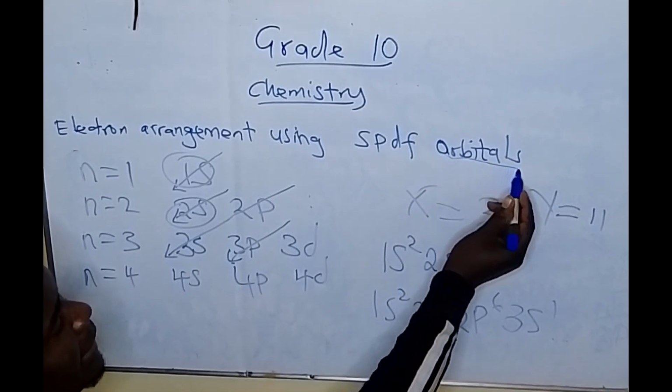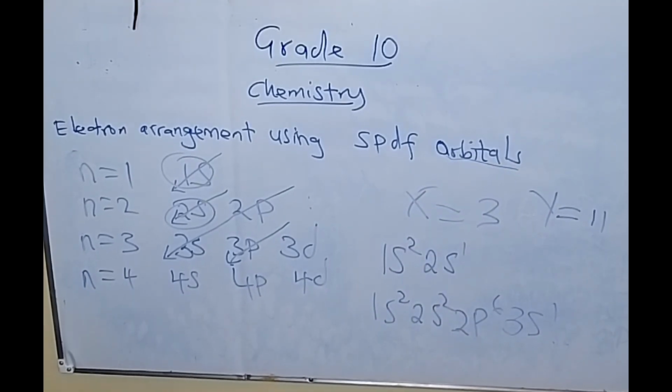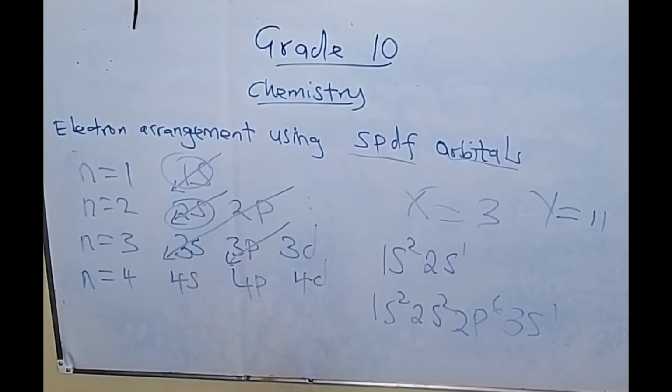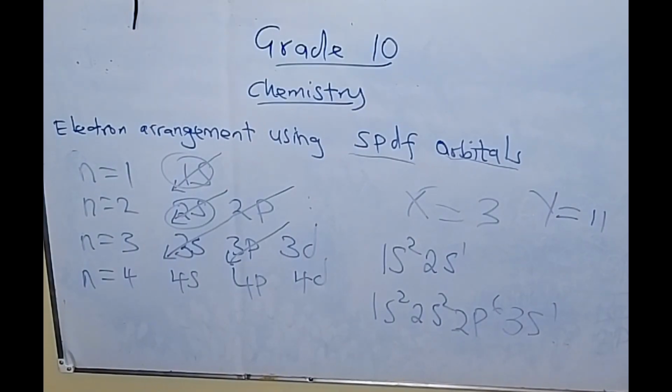An orbital is a specific area around the nucleus where an electron with a certain energy is likely to be found, and these orbitals are represented by lowercase letters s, p, d, and f.